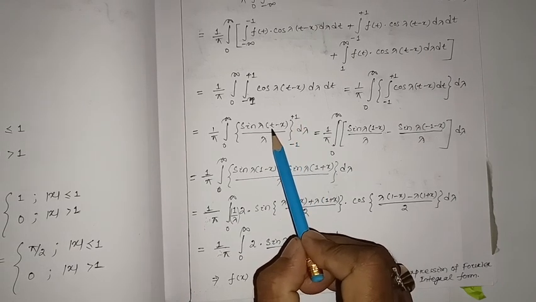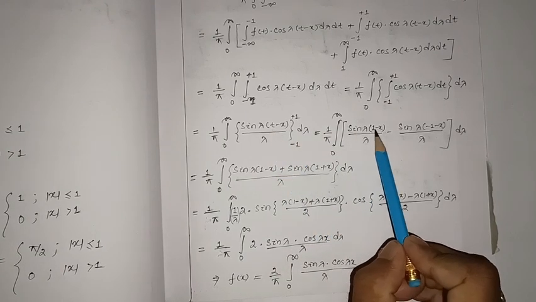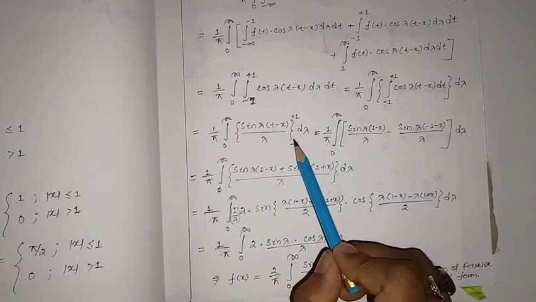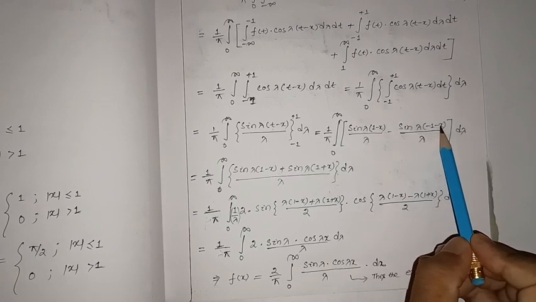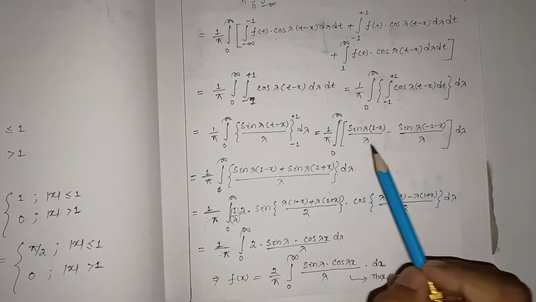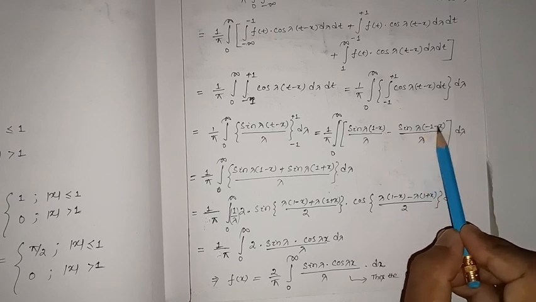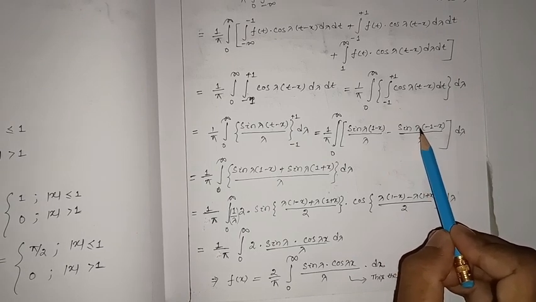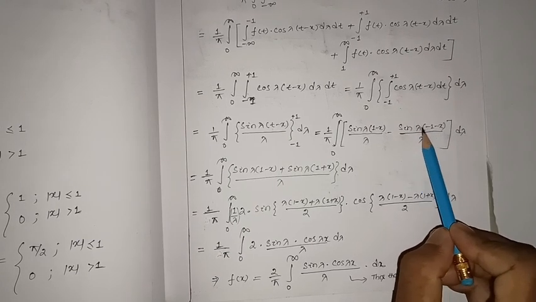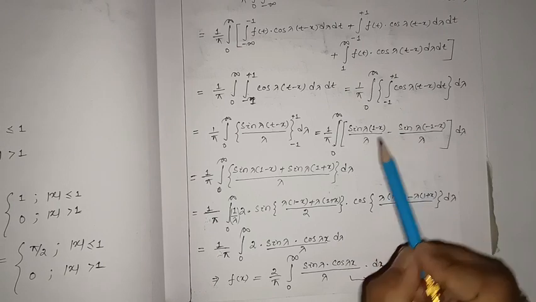So here we put 1, that will be sine lambda 1 minus x by lambda, minus, here we put minus 1, so sine lambda minus 1 minus x by lambda, d lambda. Here you can see if I take the common minus, it will be 1 plus x. As the sine function is odd, sine of minus lambda 1 plus x will be minus, so it will be plus.